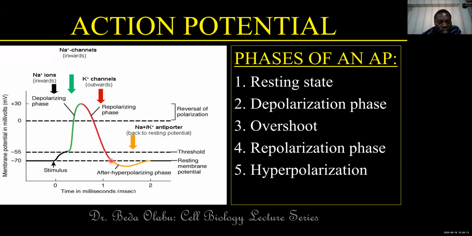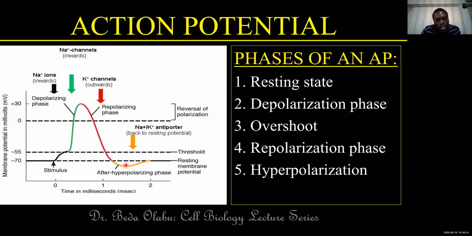So this phase of the action potential is called hyperpolarization, and it's caused by the delayed opening of voltage-gated potassium channels. Delayed opening. They open in a delayed manner. They are still open. These are the phases of the action potential.